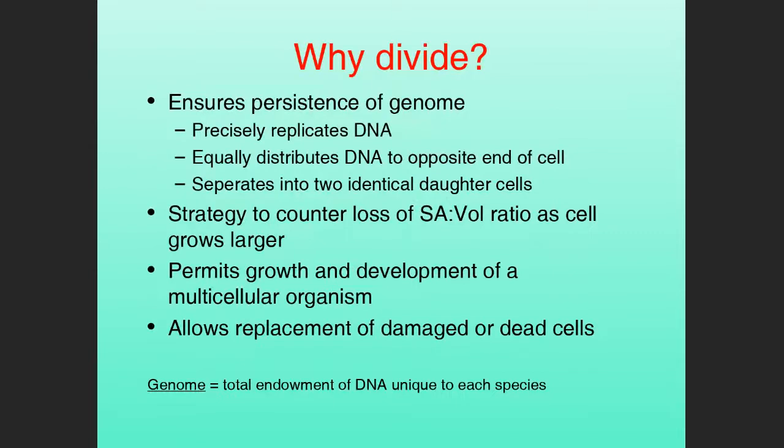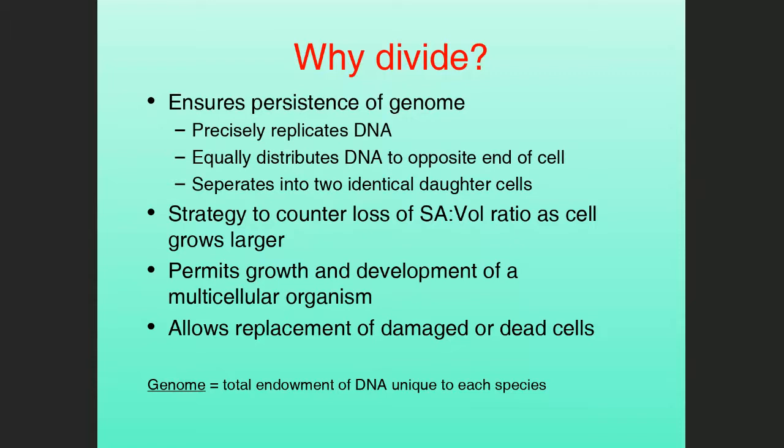So why do cells divide? To ensure the persistence of the genome, the cell precisely replicates DNA and equally distributes the DNA to opposite ends of the cell, and separates into two identical daughter cells. Why do they divide?